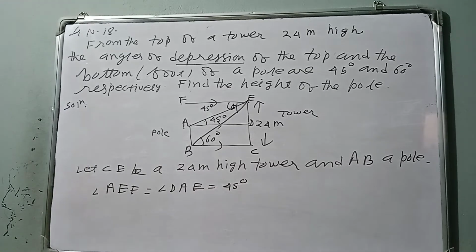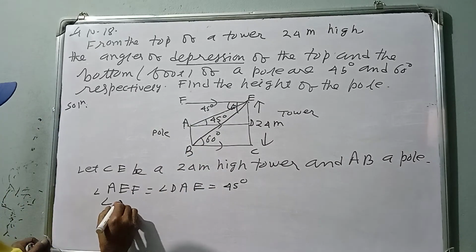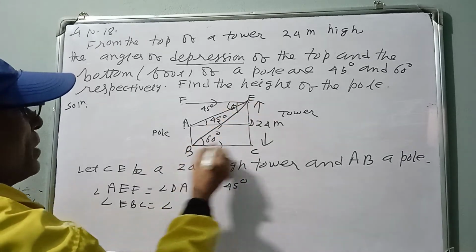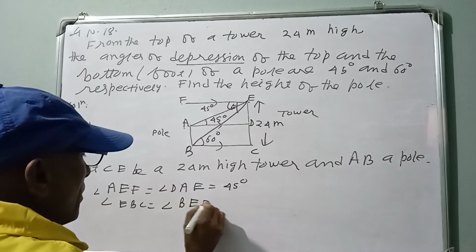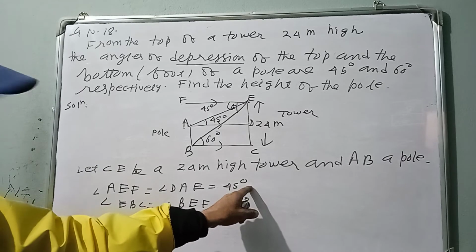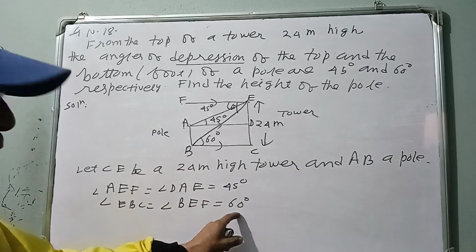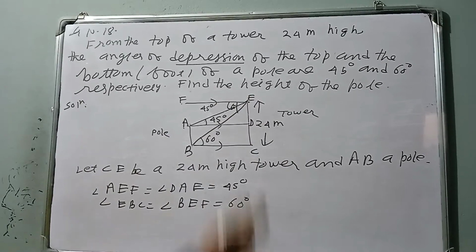Angle of depression of the top. Bottom now, angle EBC equal BEF, BEF equals 60 degree. Angle of depression of the top of the pole from the top of the tower. This one is angle of depression of the foot or bottom of the pole from the top of the tower. Tower को top बाट top में 45 degree depression. Tower को top बाट bottom में 60 degree depression.